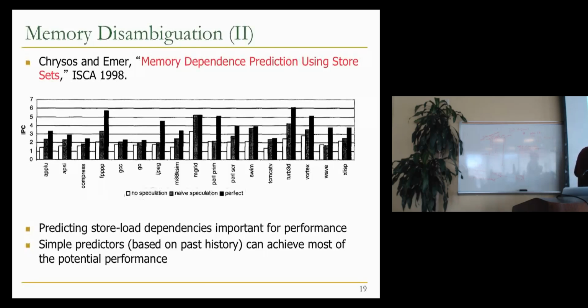And perfect is the third one. Basically, you perfectly know which load is dependent on which store, and you perfectly say wait if that store has the unknown address. You can simulate this. This is the beauty of simulation. When you have a simulator of a machine, you can determine by just doing functional simulation whether a load is actually dependent on a store.